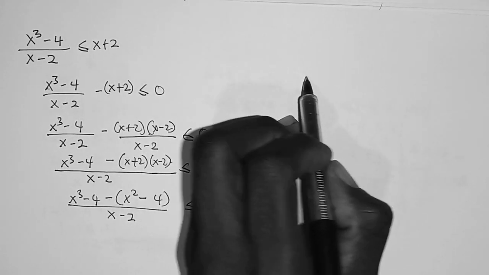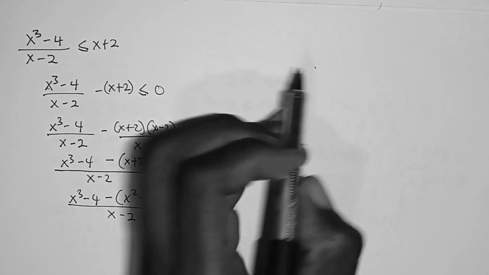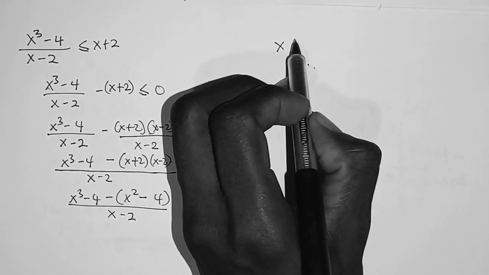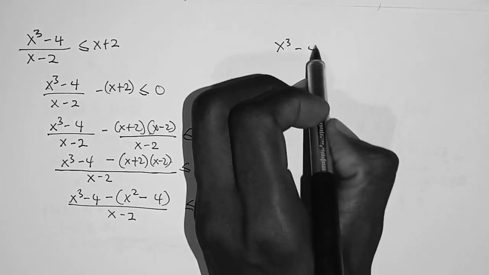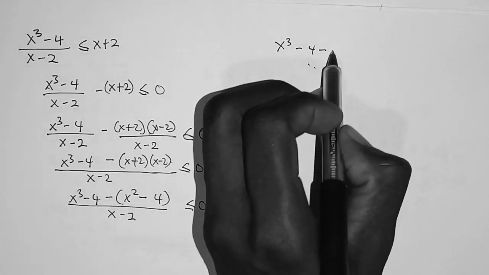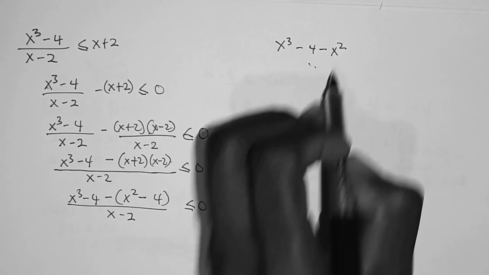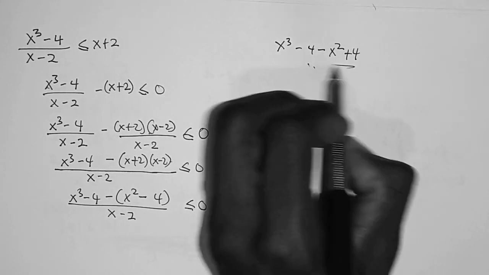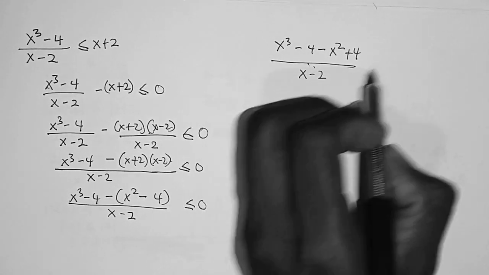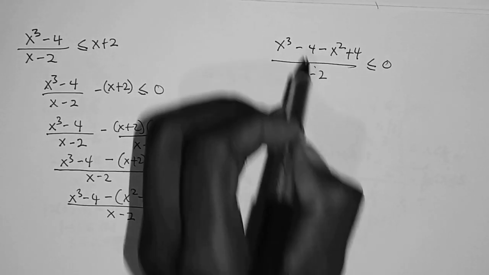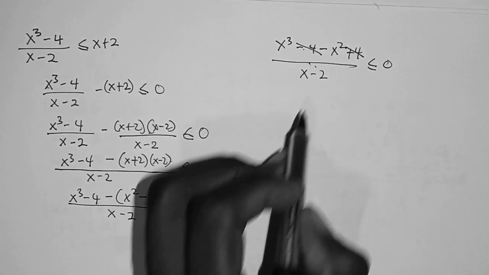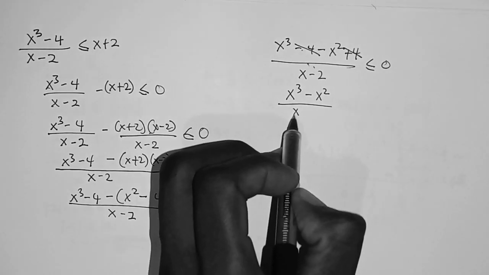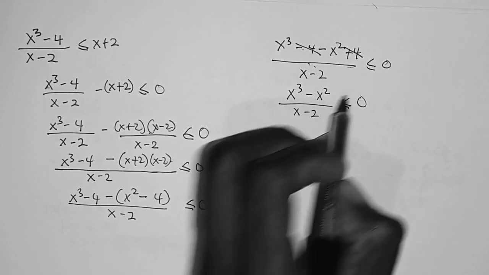Let's continue from this side. It becomes x^3 - 4 - x^2, then minus 1 times minus 4 becomes plus 4, divided by x - 2, less than or equal to 0. So minus 4 plus 4 can go out. So it becomes (x^3 - x^2)/(x - 2) less than or equal to 0.